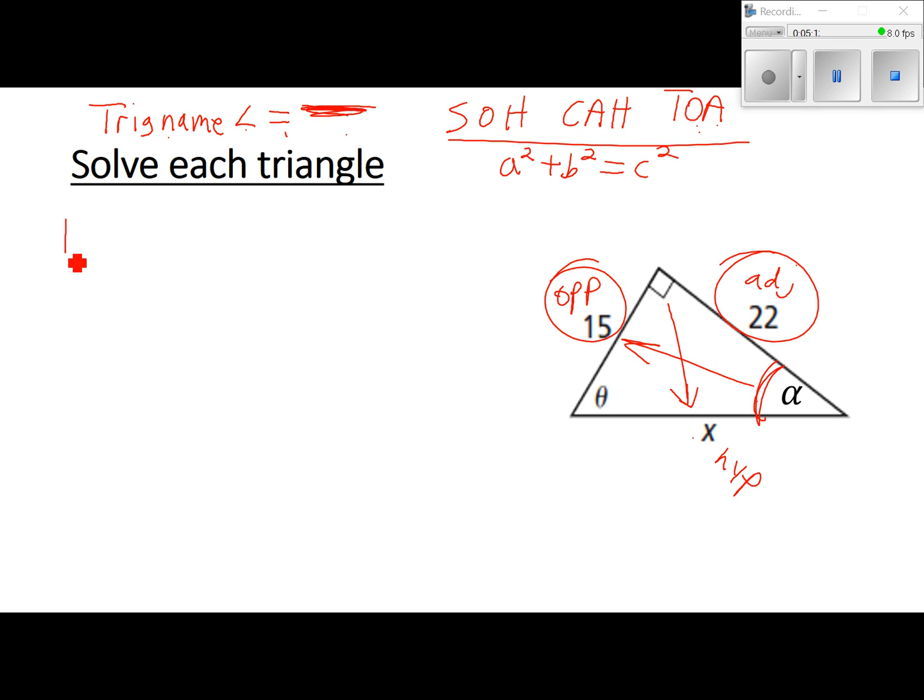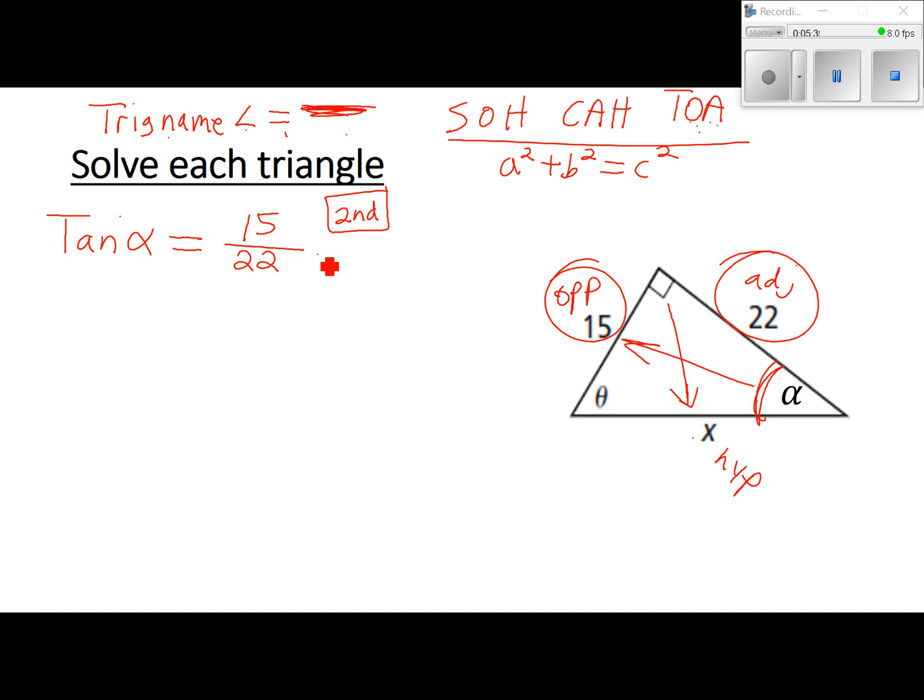So the first equation I'm going to set up is tangent of our angle, which we don't know, which is our alpha, equals opposite over adjacent. So 15 over 22. We're finding an angle, so remember on your calculators, you've got to use that second button, and the calculator is going to do all the work for you after you set up this equation.